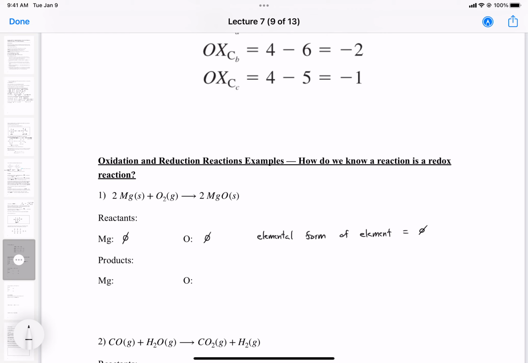So now we have a product that is no longer a pure element, it's a compound. So magnesium oxide: typically, remember, when we assign charges, O is -2 and magnesium is +2 when they form ions. So we're going to say magnesium +2, oxygen -2. So is this a redox reaction? Yes. So this is a redox reaction.